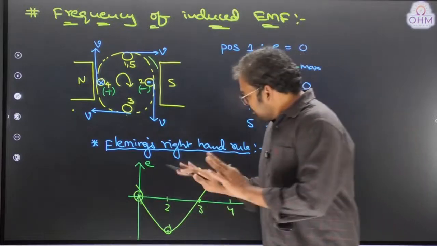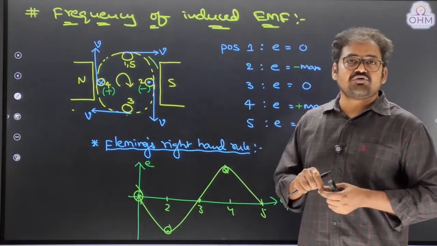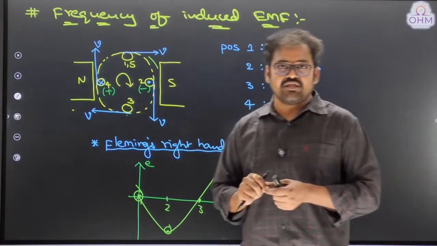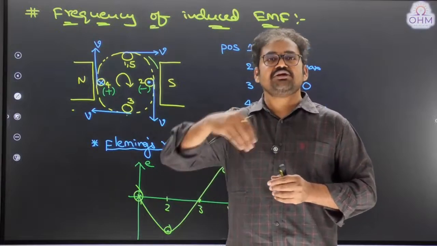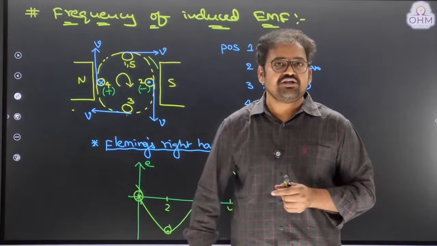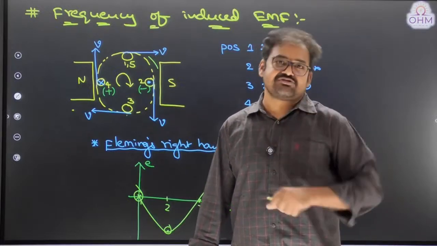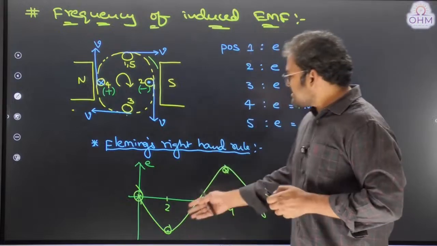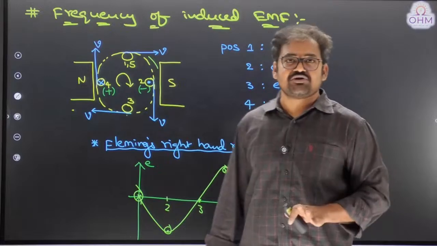Alternating voltage is fine, but the requirement is not only alternating voltage, it must be sinusoidal. If it is sinusoidal, then only you can say the total harmonic distortion will be very, very low, and that will be reliable and stable in the power system. But as I said, practically it is impossible to make voltage purely sinusoidal.